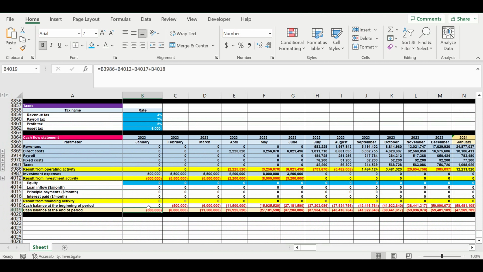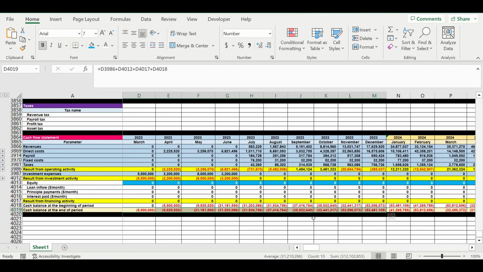So we are looking at the last line, cash balance at the end of the period, and then we put this negative value with an opposite sign. Then we look here and see a negative value here, and write this value with an opposite sign. We can, for example, look forward and find the maximum negative value here.